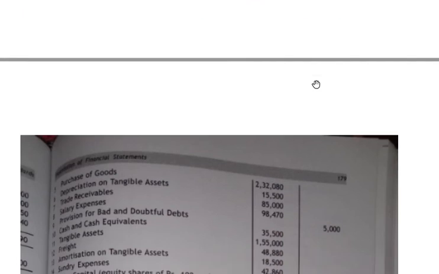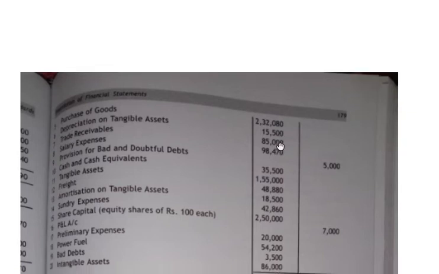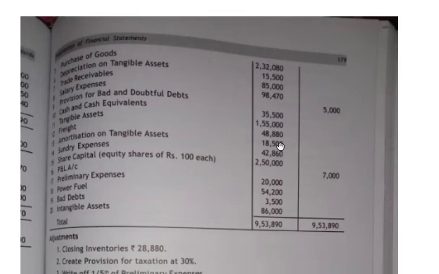Moving on to our next item, trade payables. Trade payables will be taken in your balance sheet. Purchase of goods goes to your statement of profit and loss under expenses. Depreciation on tangible assets will be taken under depreciation and amortization expenses.